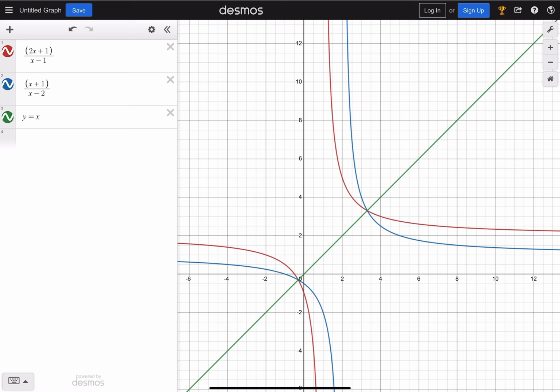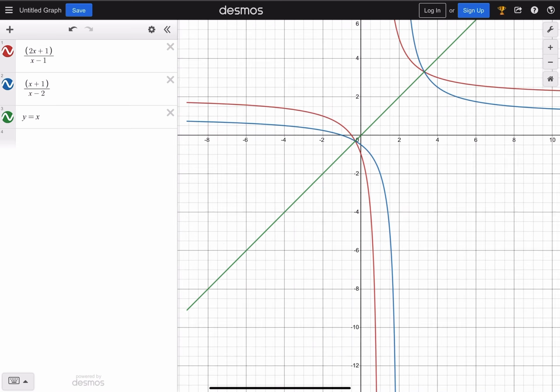These are symmetric with respect to that green line that we see on the graph. Like if I were to fold the two graphs over that line, the blue part would match up with the red part, and vice versa. And that's again because a function and its inverse are the interchanged versions of one another.